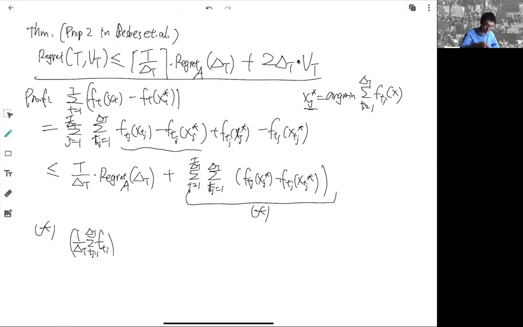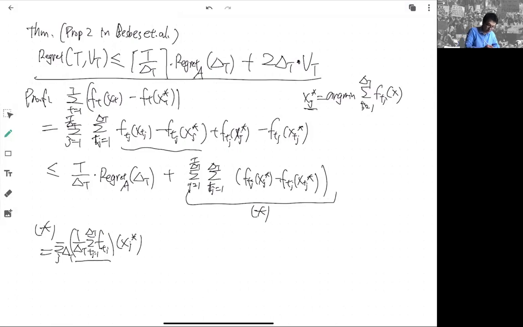So this star can be rewritten as a sum over j of this average function evaluated at x_j star. And then I think I need to multiply by delta t, which cancels things out, right?